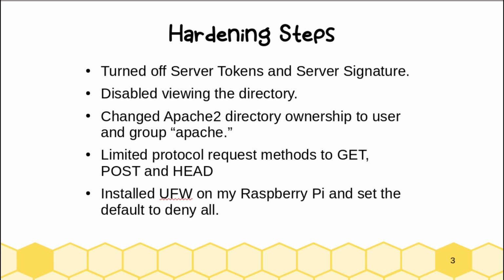Again, probably should have been earlier in the process, but I got that set up and set the rule to default deny all, just because for now this is just a private project. So I really don't need much extra going in there. I did allow communication with my host computer, but that's it.